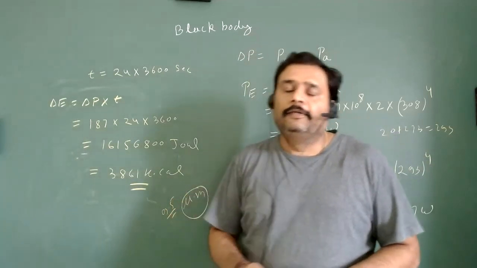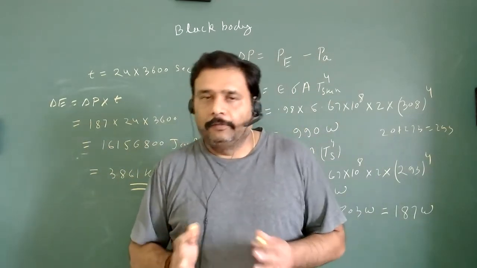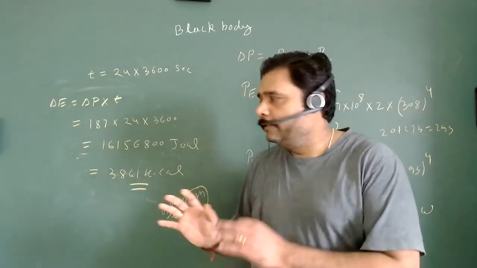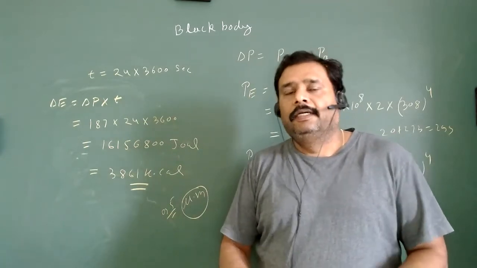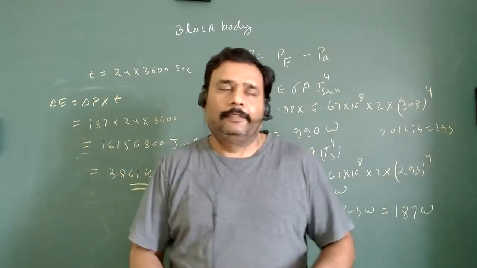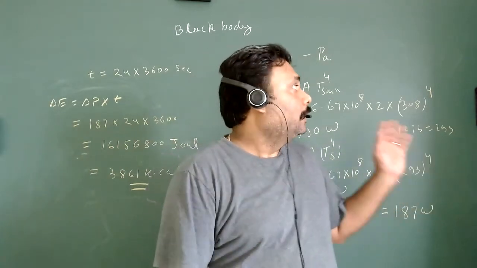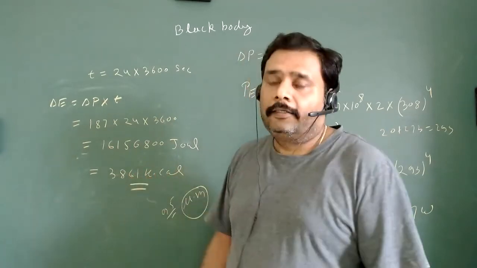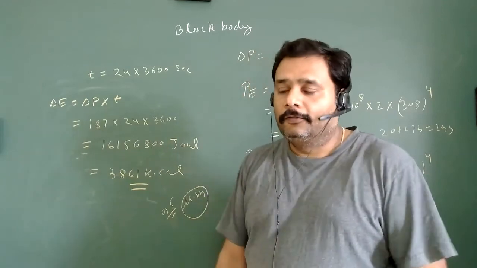With this type of problem we can understand what is happening in our body, how this spectrum can tell about the temperature, and how much energy we are wasting every day just due to this radiation.